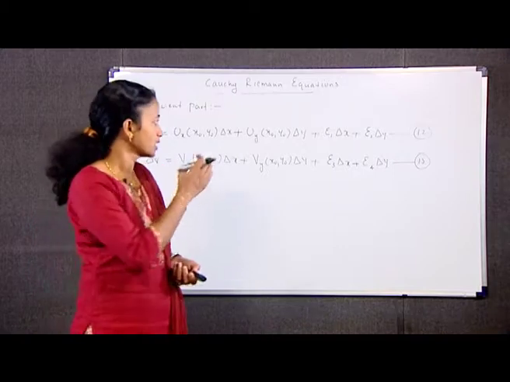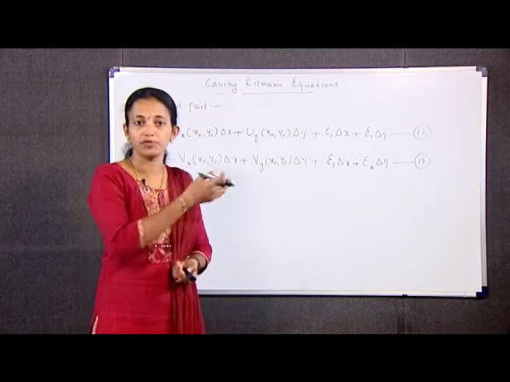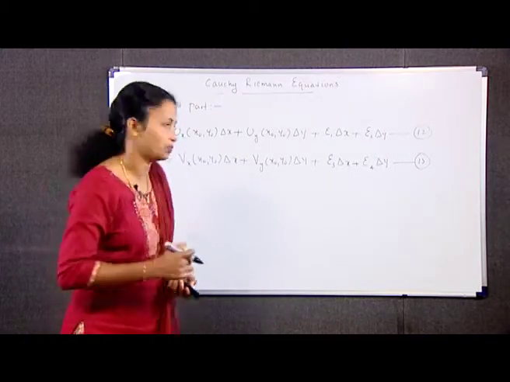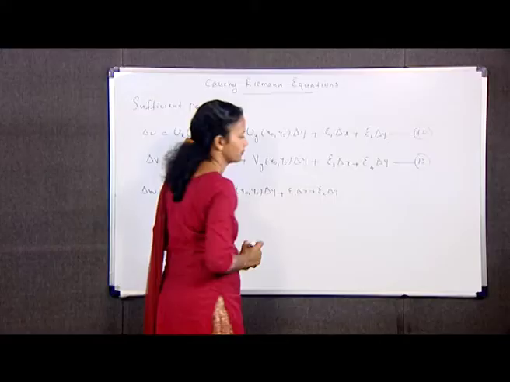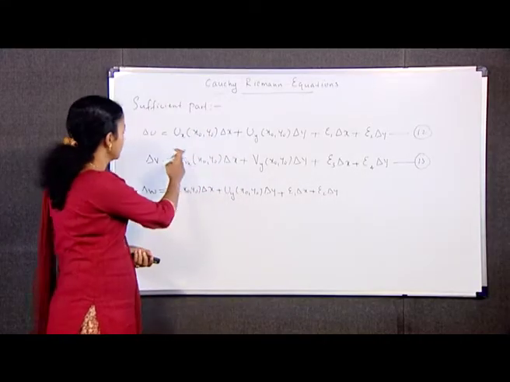Substituting expressions 12 and 13 into our previous equation number 11, we obtain delta w is equal to ux(x naught, y naught) delta x plus uy(x naught, y naught) delta y plus epsilon 1 into delta x plus epsilon 2 into delta y. This is our delta u.